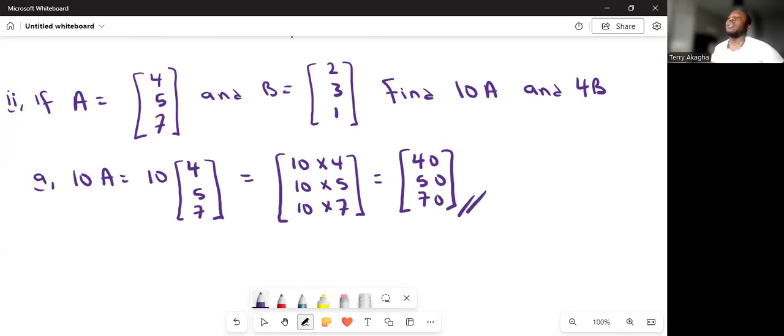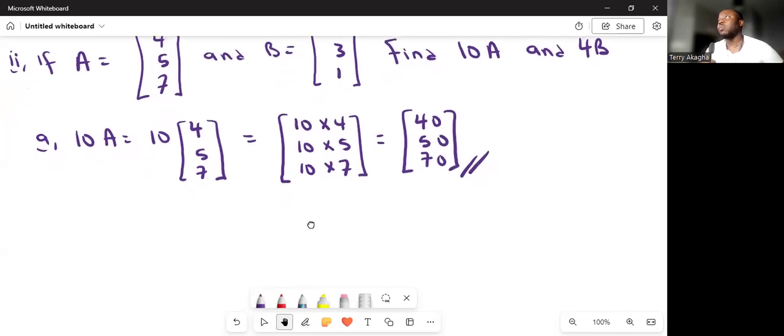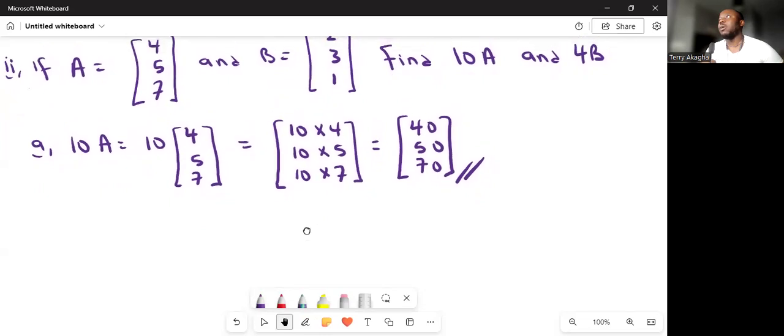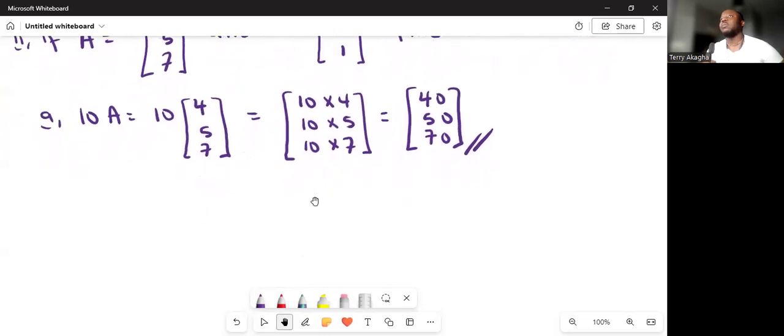Okay. The next one, number 2, the B part. We're looking for 4B, which is 4 times (2, 3, 1).